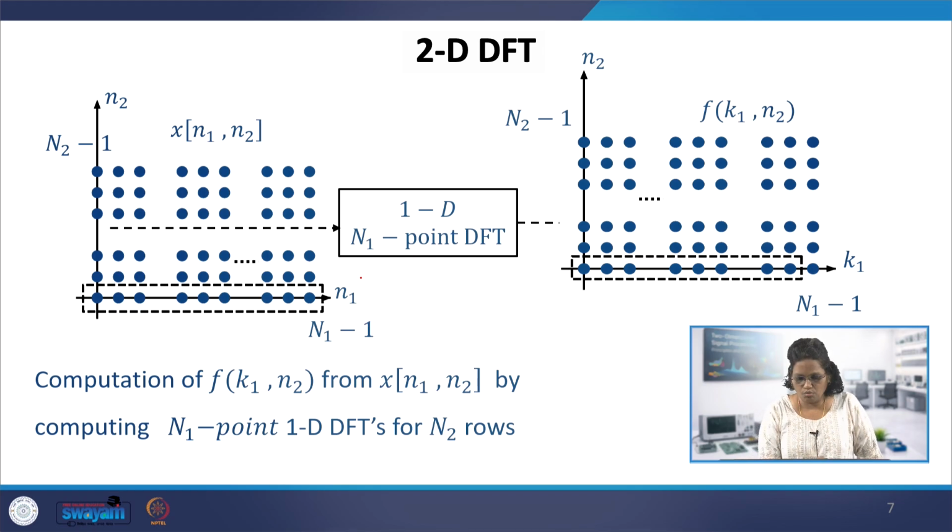Each row gives one row of the signal f of k1 comma n2, where n2 is fixed and k1 takes every value. This intermediate signal is the row-wise DFT, that is the row-wise computation of the n1 point DFT.